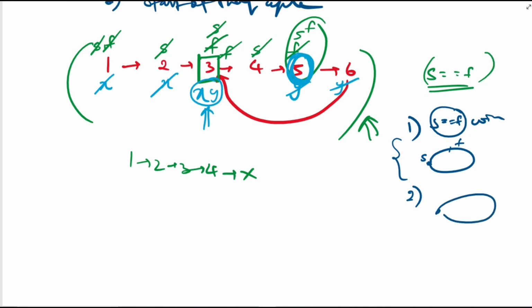Once we prove that, let's say slow and fast meet over here. This is the meeting point. How can you say that if I start from the head and go x distance, and from this meeting point I also go x distance, I will get the start of the loop?